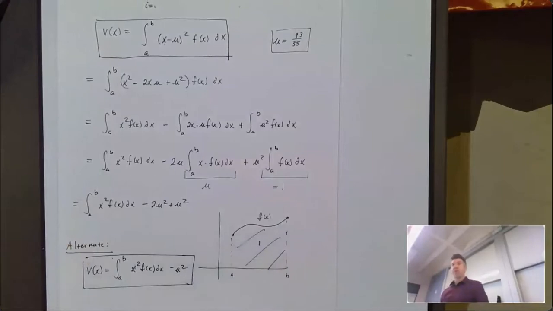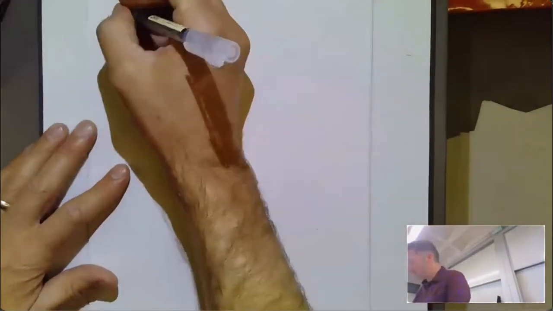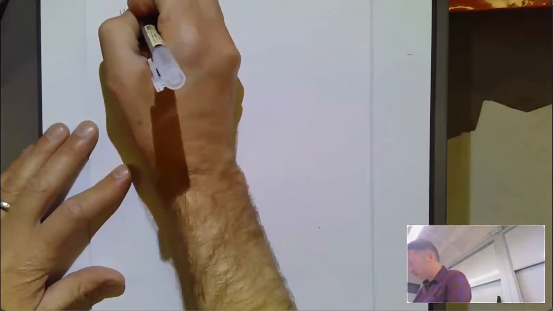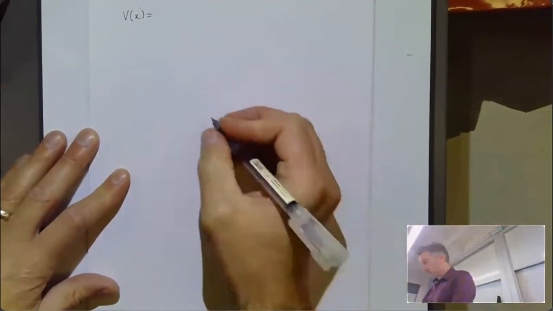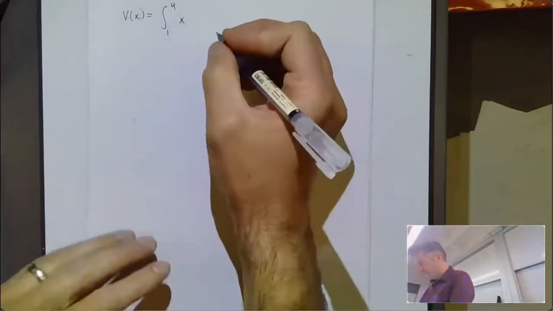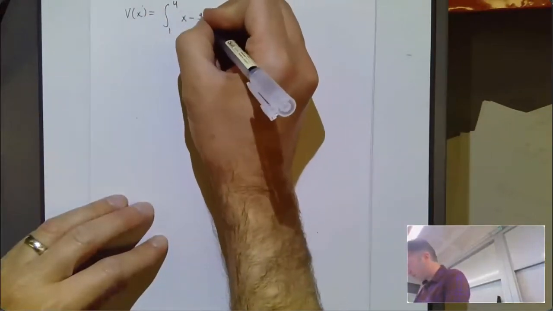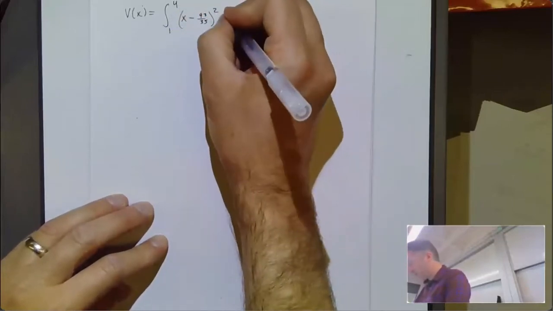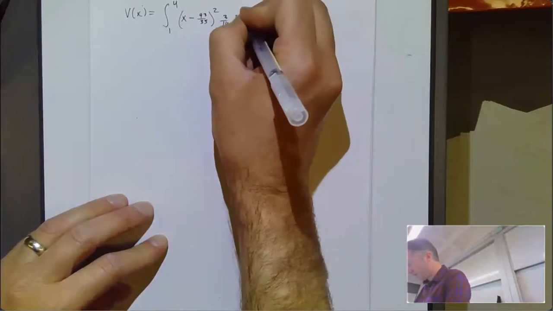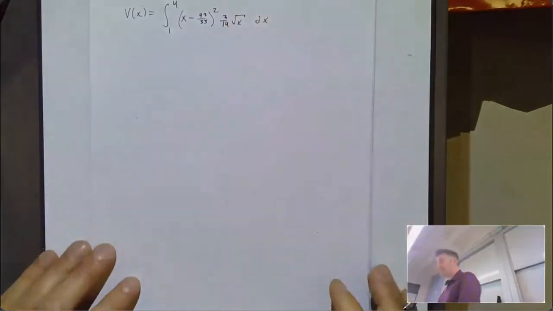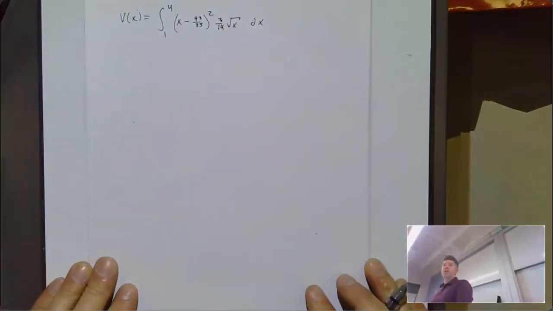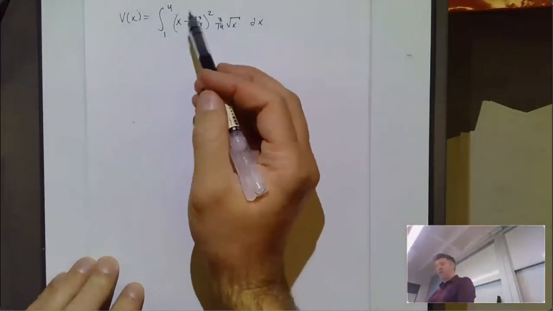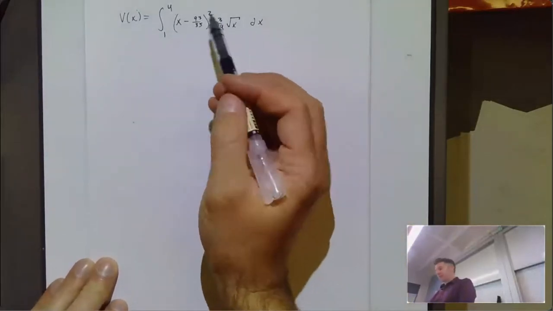In fact, let's write them both out to see how it looks. So calculating the variance here, the messy formula would give us the integral from 1 to 4 of x minus 93/35 squared times our 3/14 times the square root of x dx. That looks like it's going to be terrible, right? Because you're going to have to just multiply this out and then distribute the square root of x to each of those 3 terms.